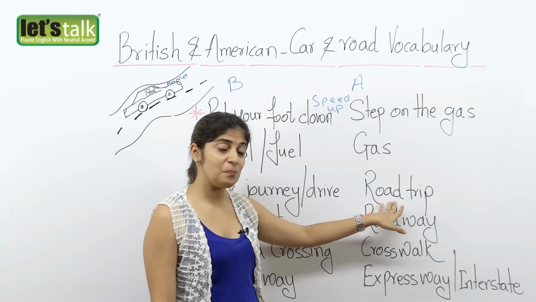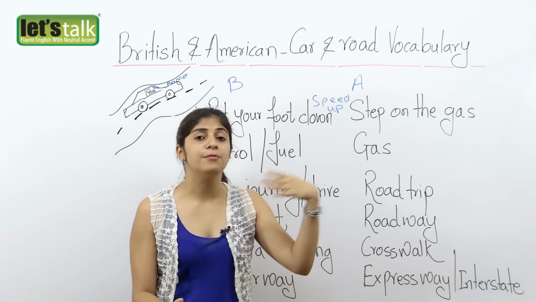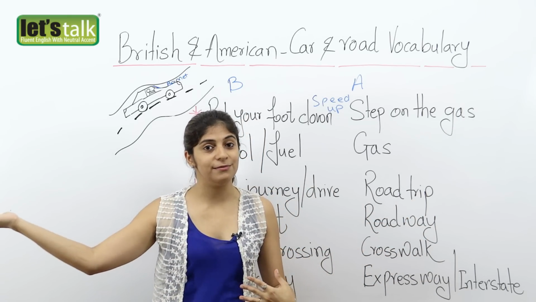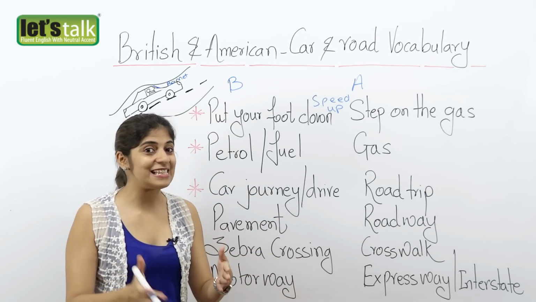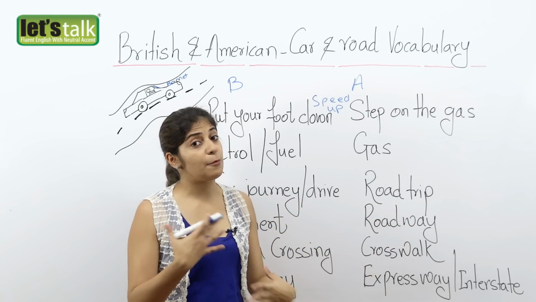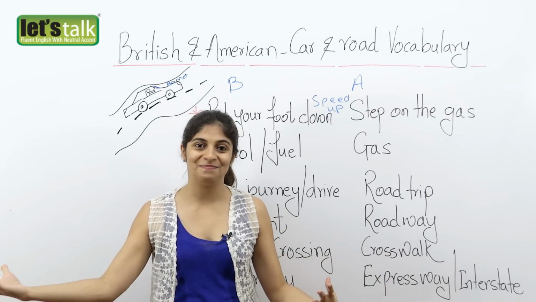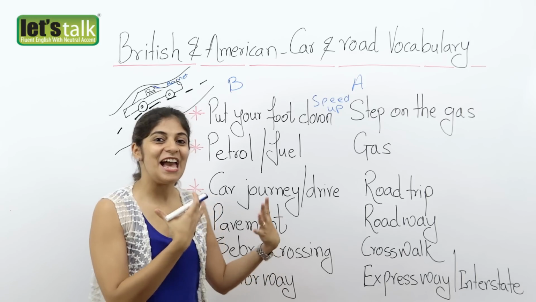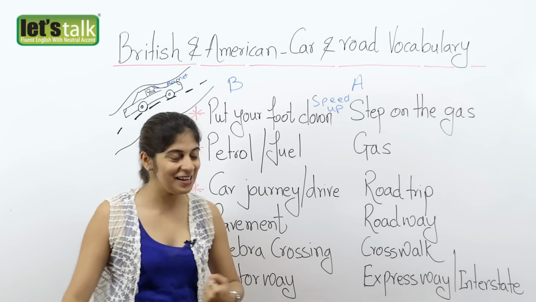Whereas in America, they say road trip, like we road tripped from New Jersey to Hollywood. So this definitely is a long drive, but they say that they road tripped, or they went on a road trip from New Jersey to Hollywood. So basically, it means that they went for a long drive, right?